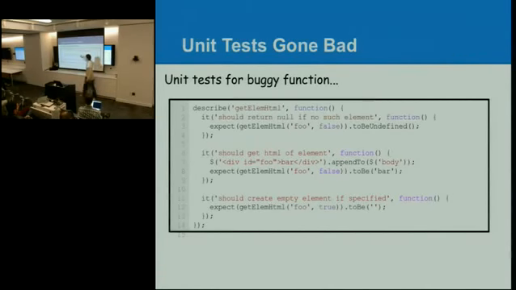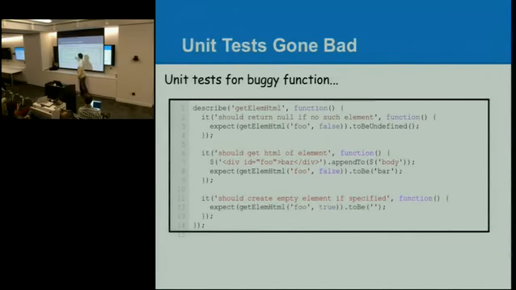The first unit test, getElemHTML, looks for an element with the ID of foo. And it expects the HTML for that element to be undefined because there is no element called foo on the page. The second unit test will create an element with the ID of foo, give it the contents, just the text bar, and then add it to the document body.